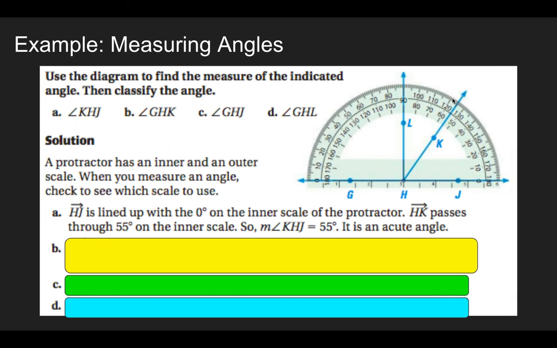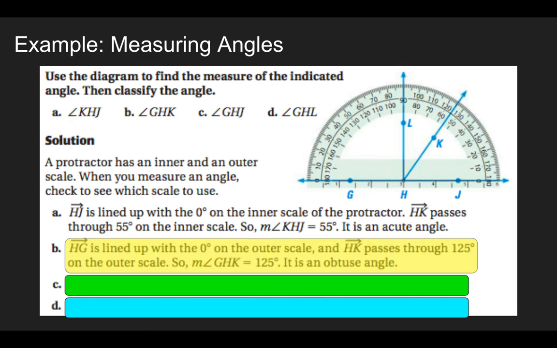And I see it's halfway between 120 and 130 as I read it this direction. And so I would have 125 minus 0, which is 125. 125 is greater than 90, so this is an obtuse angle.